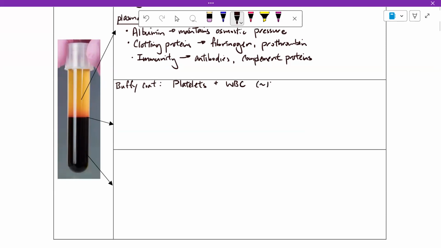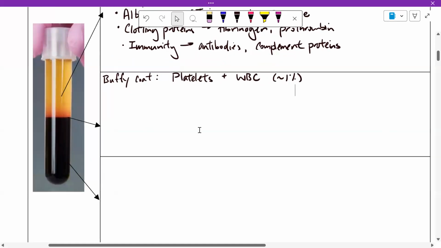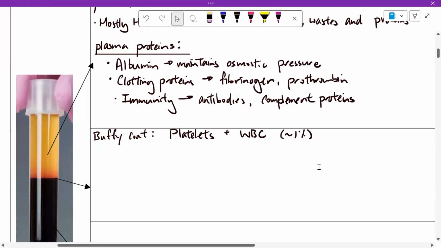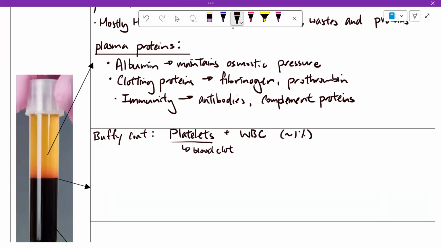This is only about 1% of all your blood. Platelets play a role in blood clot formation.